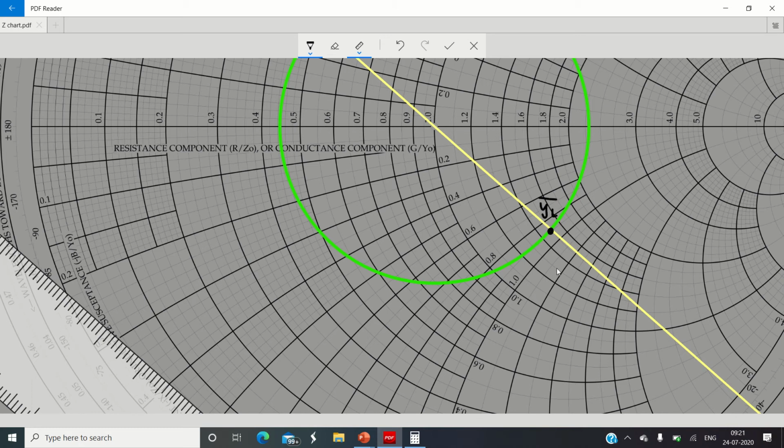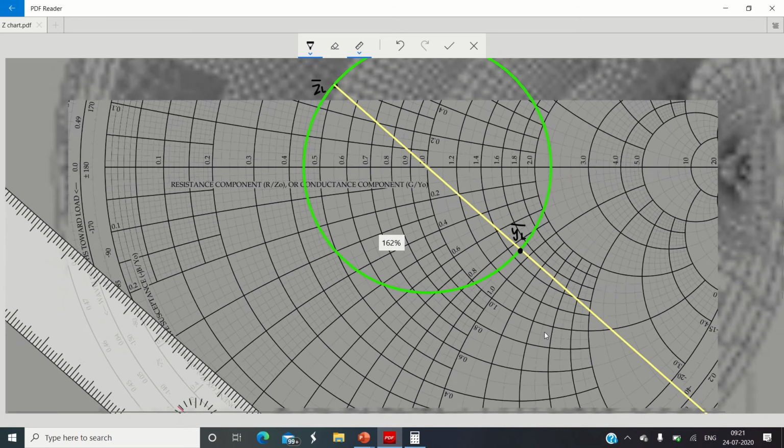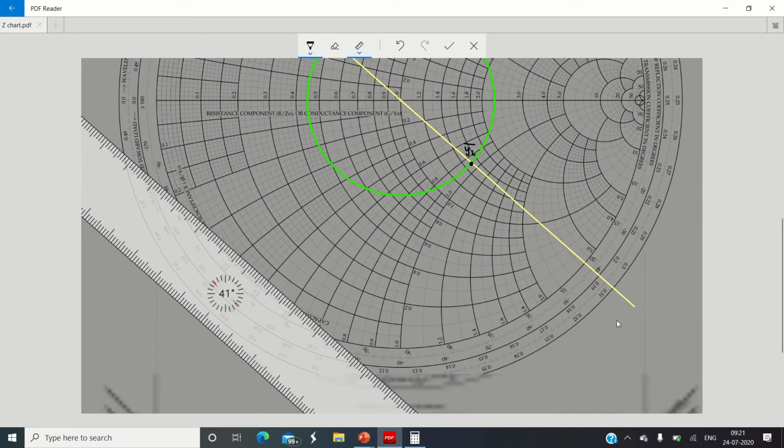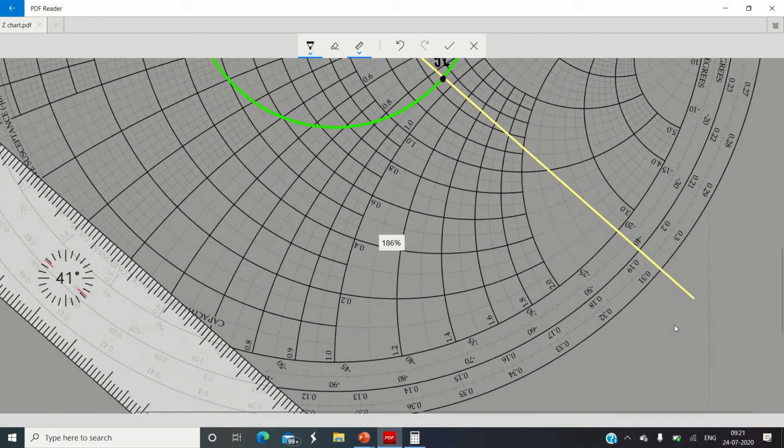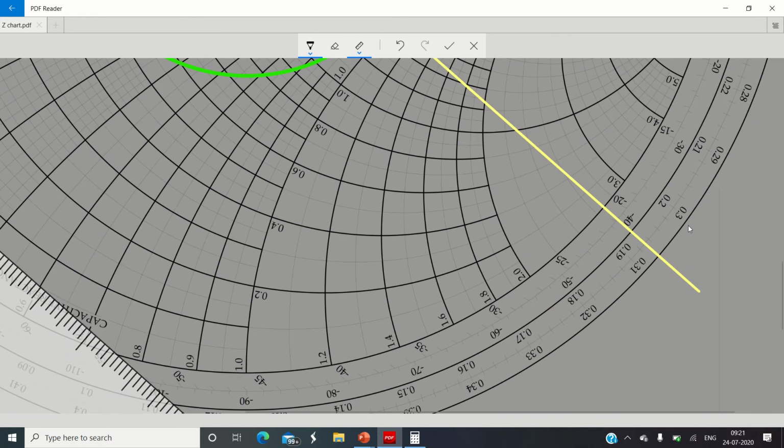We need to read the value of YL bar, as well as note down the WTG. First of all, we will write the value of WTG, that is wavelength toward generator, which we have received at this particular intersection. We have got the wavelength toward generator between 0.3 and 0.31.